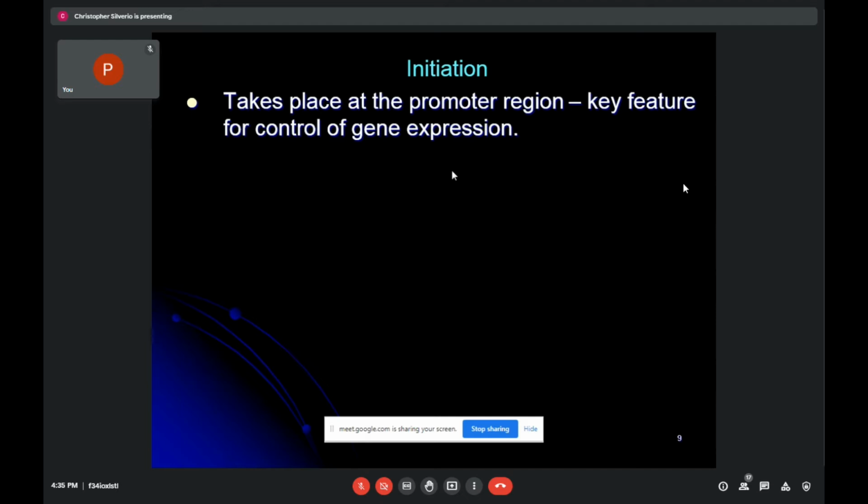This is the key feature for control of gene expression. When we are talking of gene expression here, it has something to do with the translation process into protein. The DNA is expressed into a protein molecule, and that is gene expression.